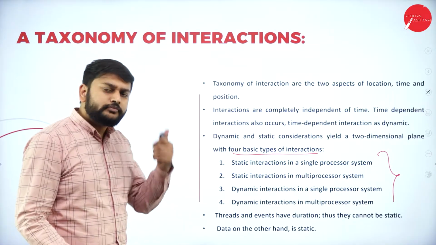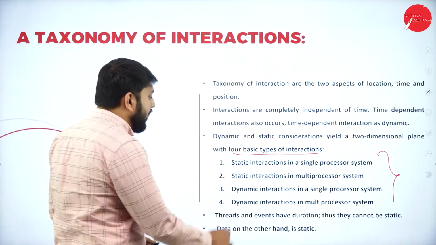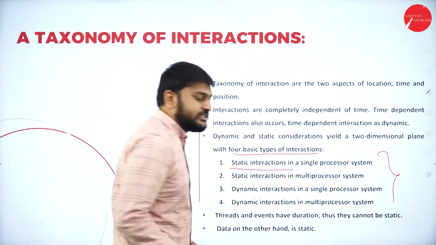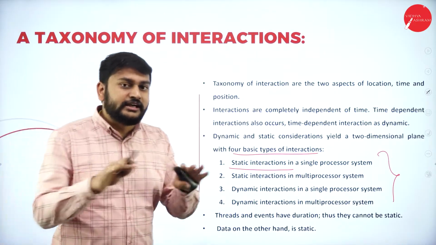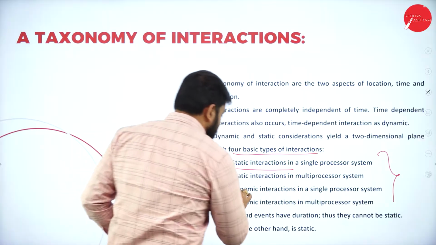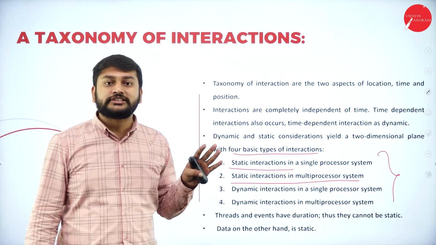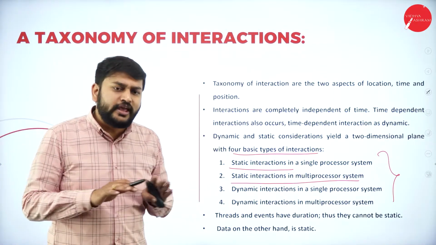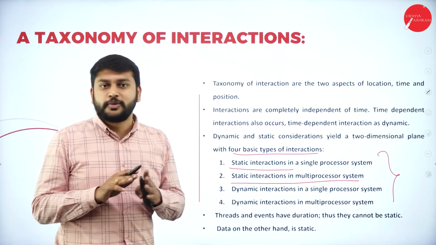Let me check what the different types of interactions are. My dear students, you have static interactions in a single processor system. In the same way I have static interaction with a multiprocessor system in the second one. These are the 2 topics which I am going to discuss with all of you. It's going to be very simple if you watch my session; if you read the textbook, it's going to be very difficult.